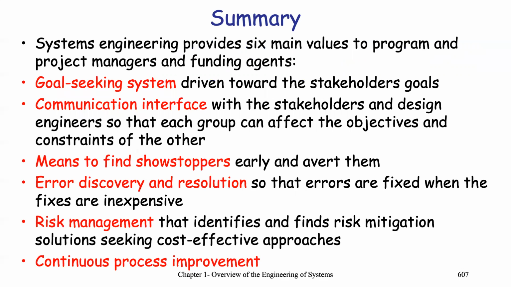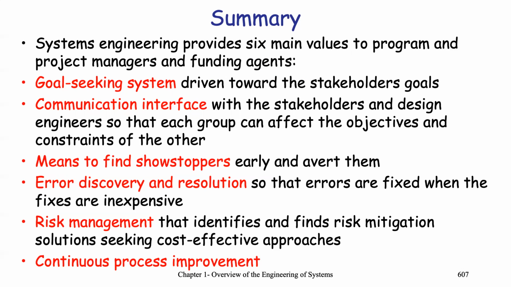So this is the last chart. And just as a reminder, system engineering provides six main values to program and project management and funding agencies. Goal-seeking system driven towards the stakeholders' goals. The communication interface with the stakeholders and design engineers so that each group can affect the objectives and constraints of the other. Means to find showstoppers early and avert them.